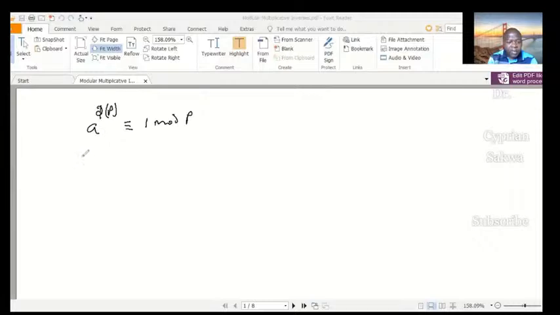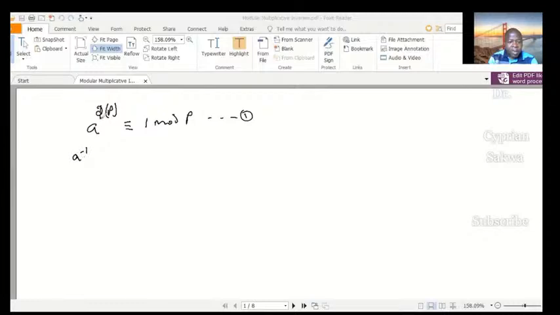And for us to find the inverse, we multiply this equation by the inverse of A. We want to find the inverse of A.